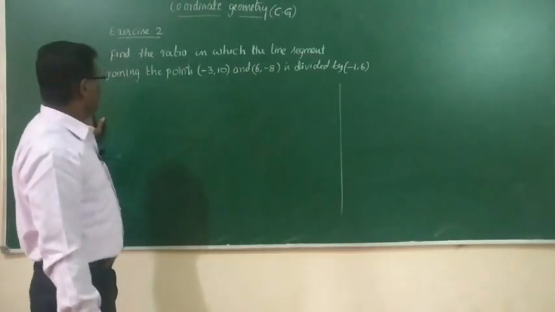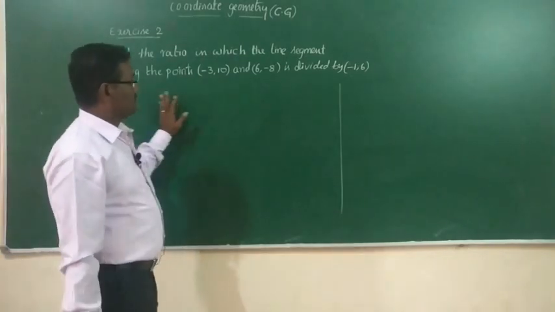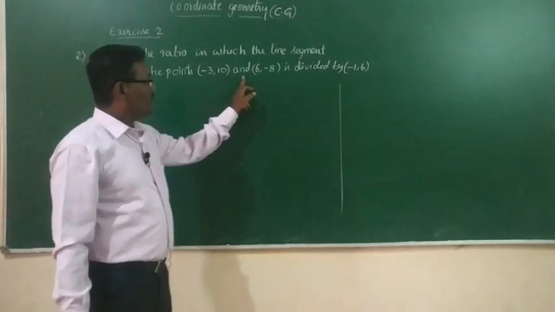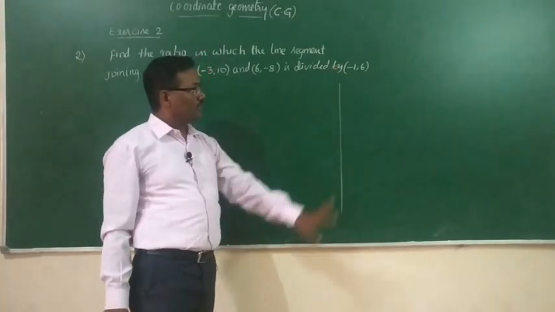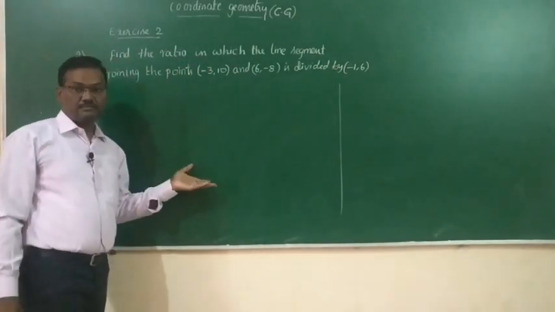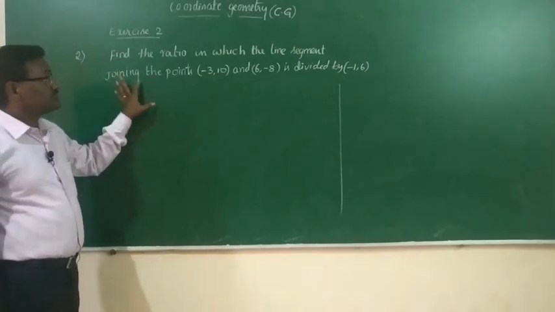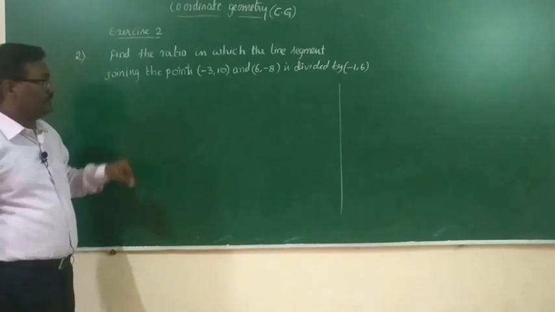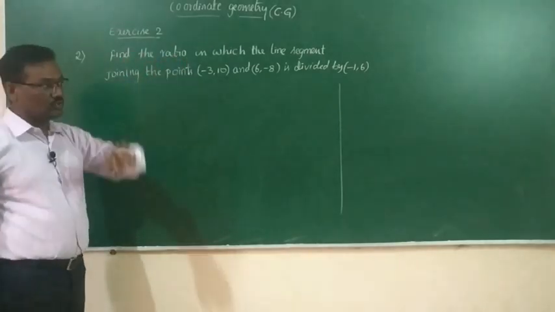Okay, let us solve one more problem. Find the ratio in which the line segment joining the points minus 3 comma 10 and 6 comma minus 8 is divided by minus 1 comma 6. In the previous problem, we have found the section point. But in this, we have to find out the ratio.